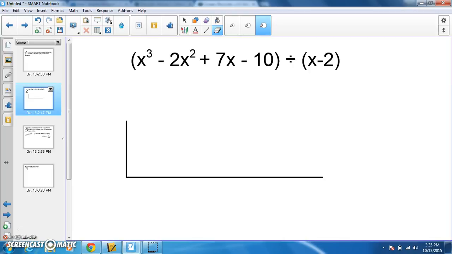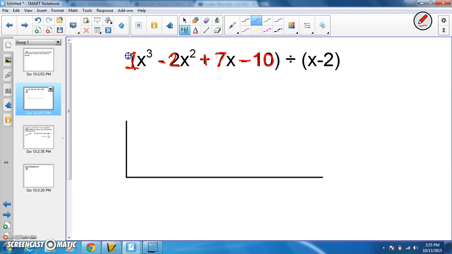The first thing that we are going to do is find our coefficients of what we are dividing. So we have coefficients 1, -2, +7, and -10. We have to write those inside the box in order regarding the exponent of the term.